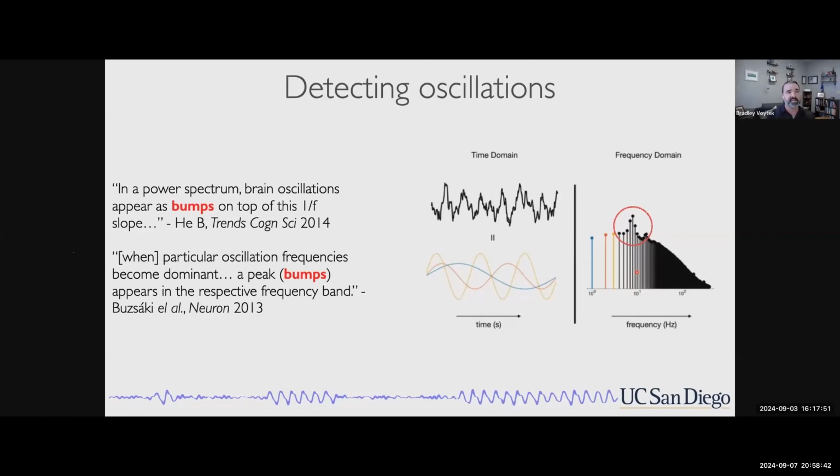In a power spectrum, brain oscillations appear as bumps on top of what Biyu and others have referred to as the 1/f slope. This background process I'm tracing here is called the 1/f component, because power is proportional to 1/f, 1 over frequency. And anything above and beyond that is an oscillation, these bumps.